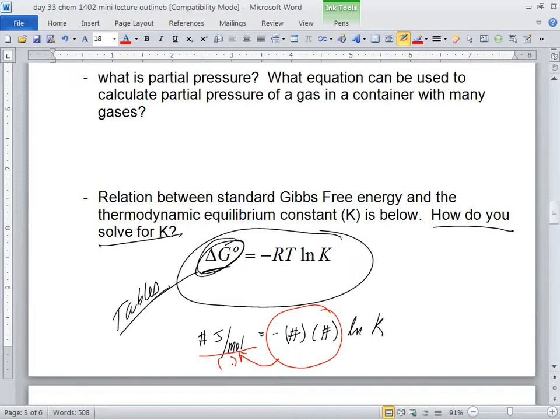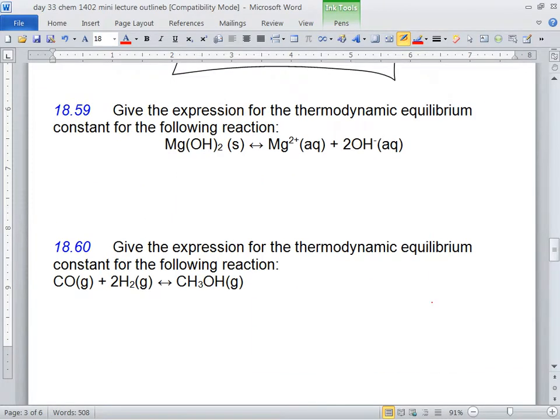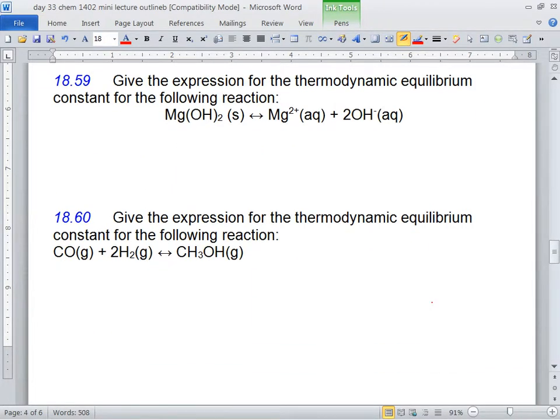It's on the calculator somewhere. You just got to find it. Raise both sides to the little e, because e to the ln K, these are inverse functions. They just cancel out. That's just K. So you have to find the little e to the x button. We'll practice one of those, I'm sure. But let's build up to it.